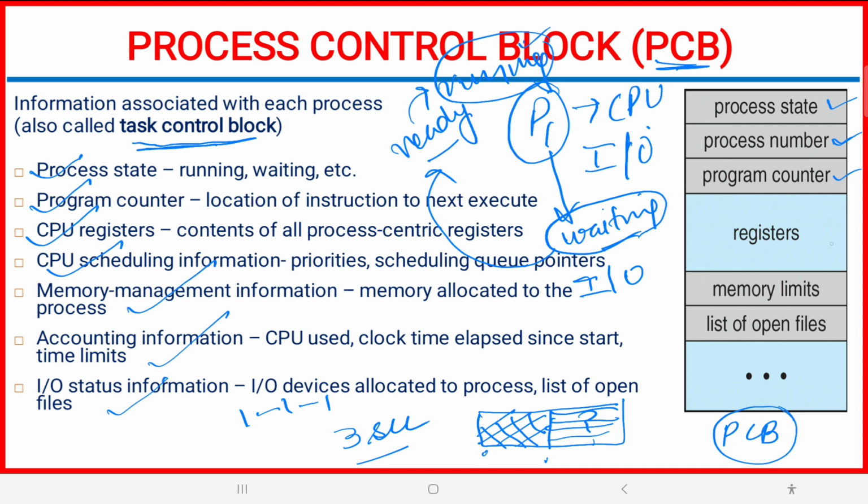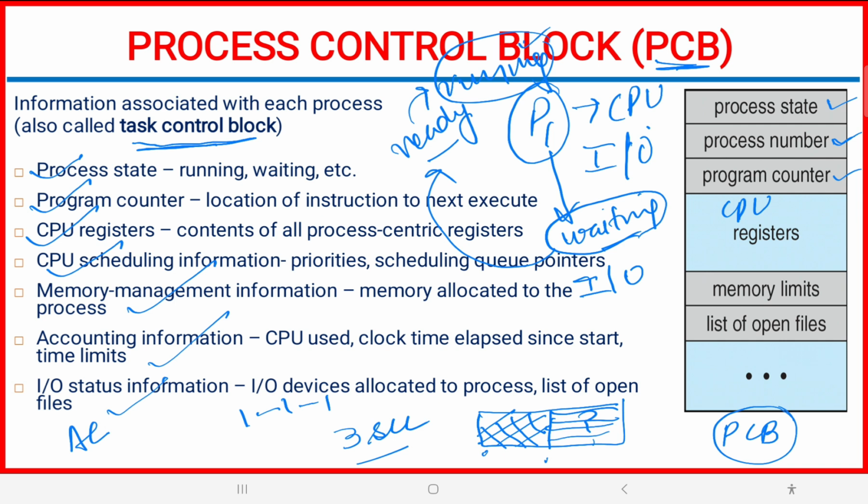Fine. Then the next thing is about CPU registers. As far as CPU registers are concerned, the number of CPU registers and their type all depends upon the architecture of the computer on which we are working. How many registers are there and what is their type depends upon the architecture of the machine. As far as type of registers is concerned, it includes accumulator, index register, stack pointers, and general purpose registers.